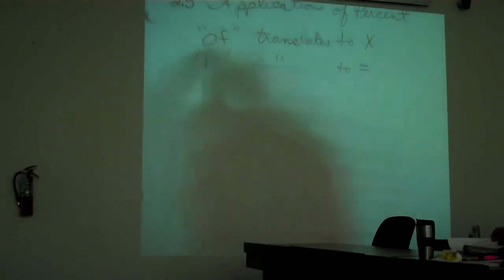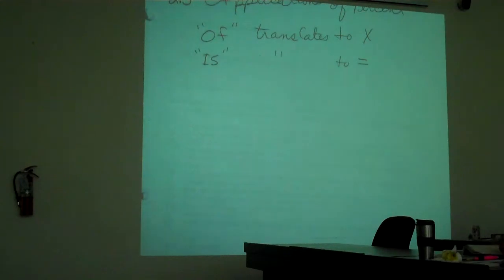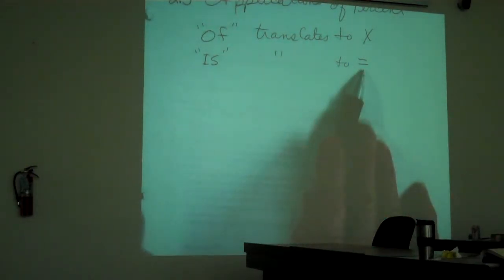So of means multiply. The "is" part would be equal. So if it said like 25% of 100 is 25, the "is" part would be your equal.